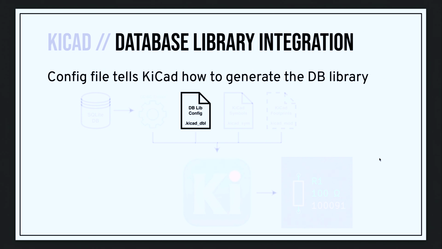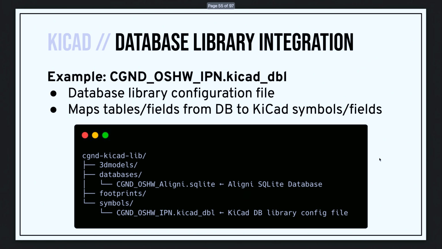Okay, so the second piece we need is this database library configuration file. This is that KiCad_DBL. And this is a JSON file that tells KiCad how to actually map the fields in the SQLite database to fields on the symbols that it's going to generate in the KiCad schematic.